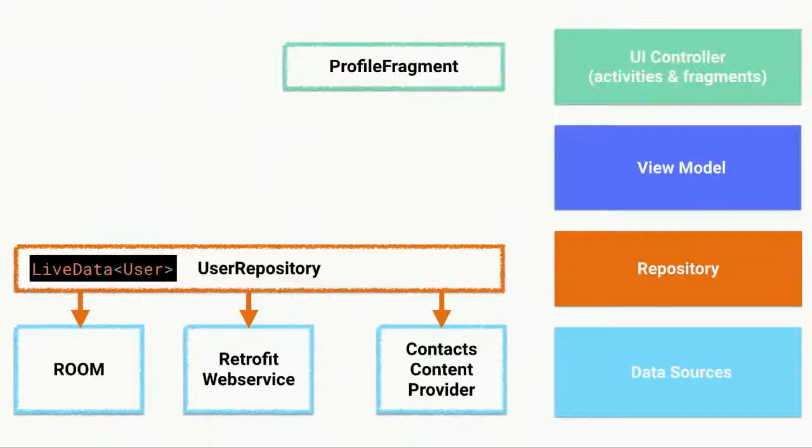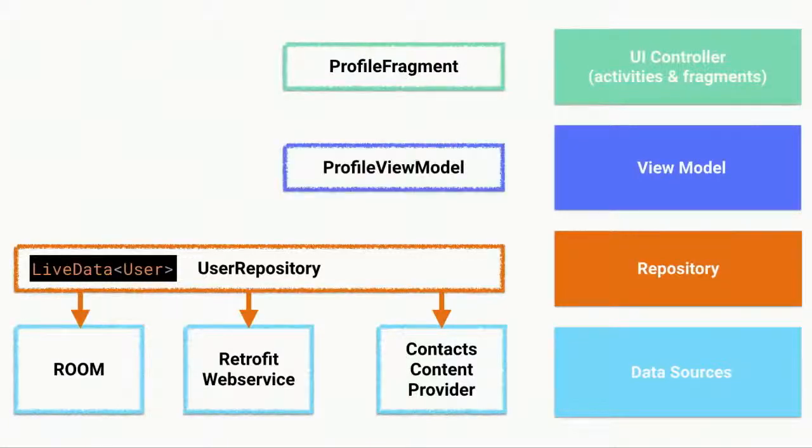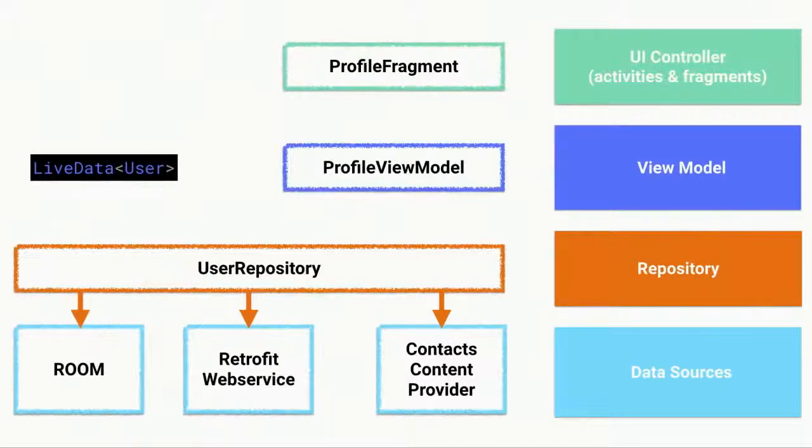And then we need the view model, right? Because the data for the UI lives in the view model. So we create this profile view model, which talks to the repository to get this information, and then the actual fragment gets the data from the view model, so that if the fragment comes back, the live data will be there in the profile view model, but if the fragment disappears completely, we will get rid of the view model, and the data can be garbage collected.